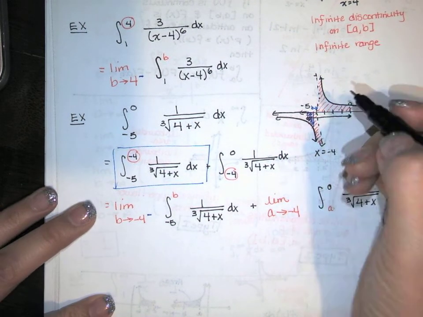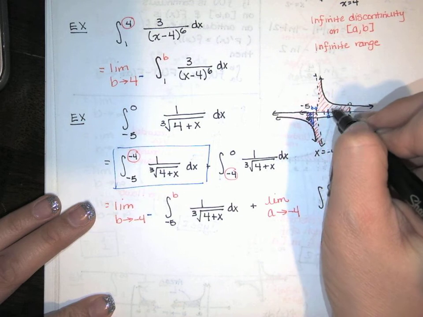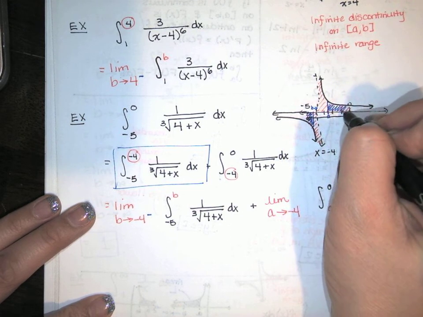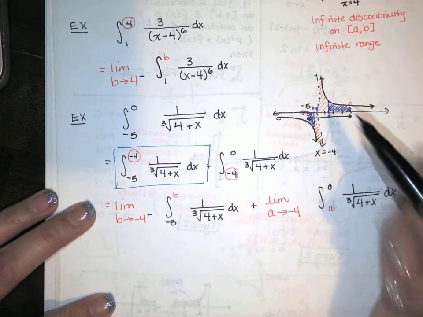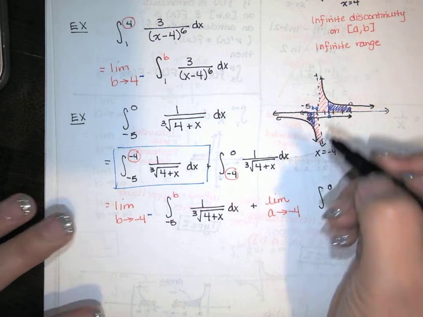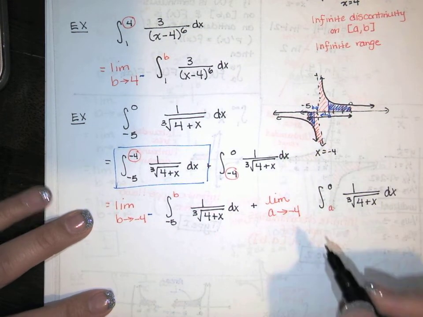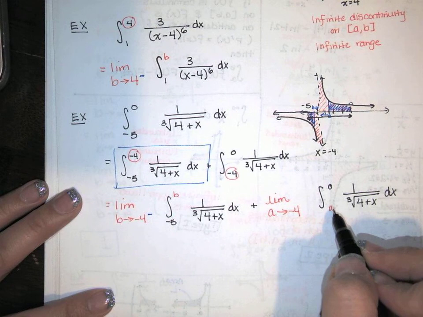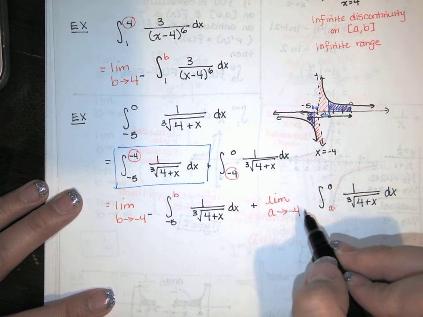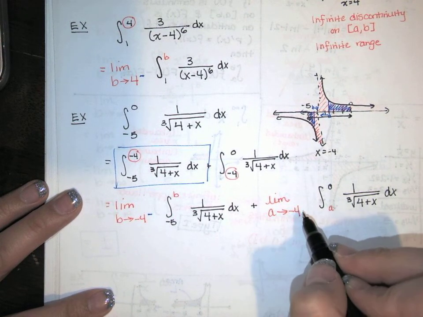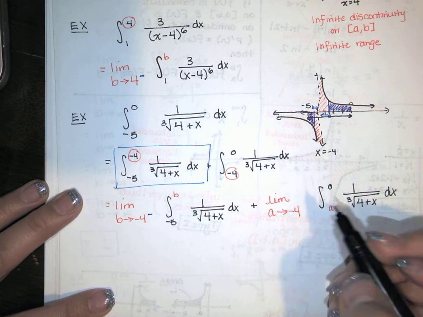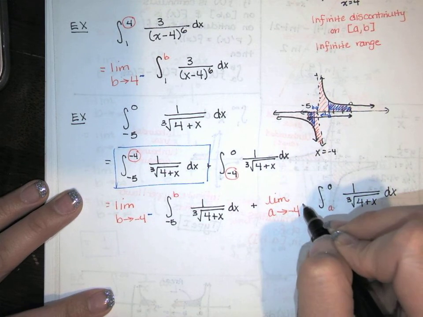So I'm going from a, which is some number here, to 0. I find that area using the fundamental theorem, which is totally legal, and then I let a get close to -4, this time from the right. So if you're replacing your lower bound, this variable a is going to approach that number from the right.